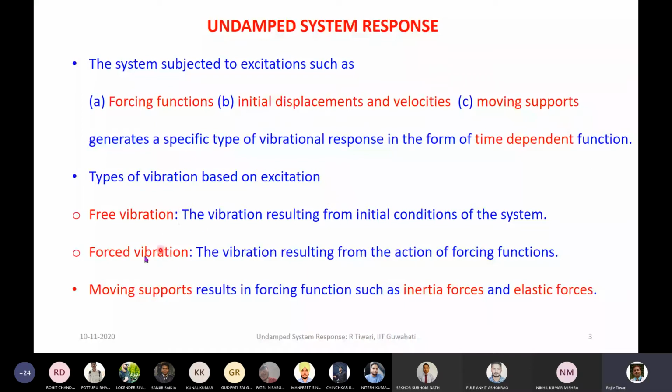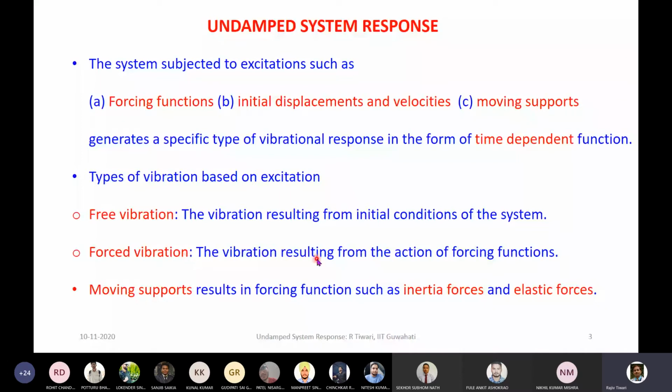So I talked about forced vibration, that is a forcing function. This is an external force acting onto the system. Maybe this external force can be an unbalanced force, or when we are talking about an engine, because of the power generation there will be periodic forces onto the piston that will transmit to the vehicle.